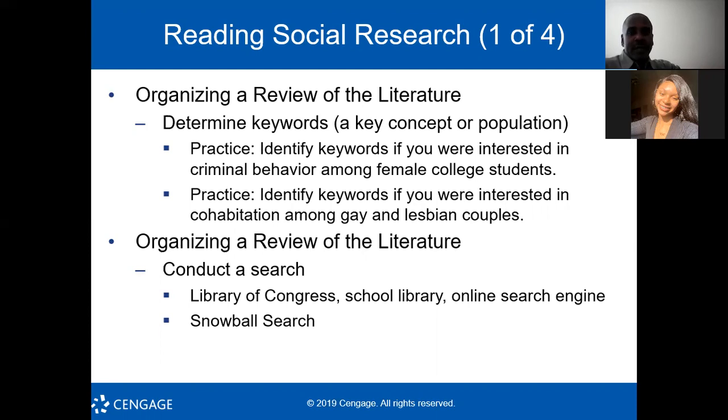So in doing your searches, of course, you want to identify keywords. For example, if you were interested in criminal behavior among female college students, think about some of the keywords that you might want to put in there. We start with just criminal behavior amongst female college students. You might say college females and crime, criminal activity and college females.